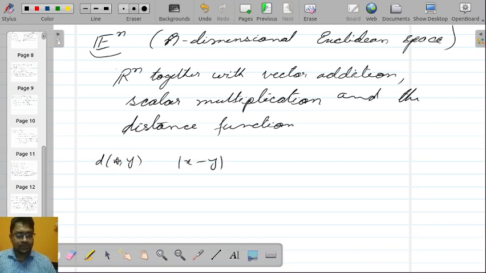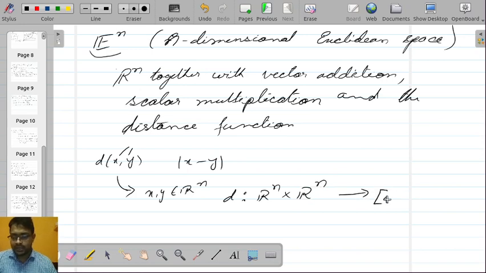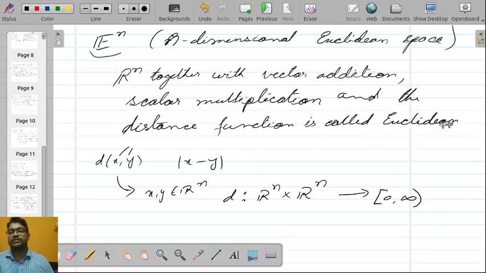It takes two elements from R to the power n and gives us a distance, an element in [0, infinity), that is, a non-negative real number. This is the distance function. So R to the power n together with vector addition, scalar multiplication, and the distance function is called Euclidean space, which we denote as E to the power n.